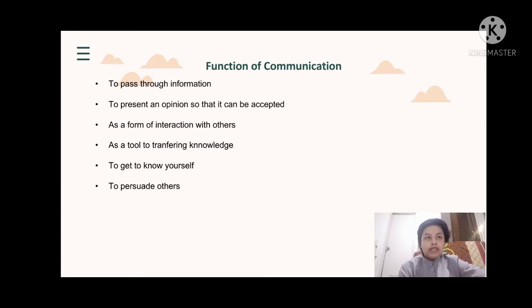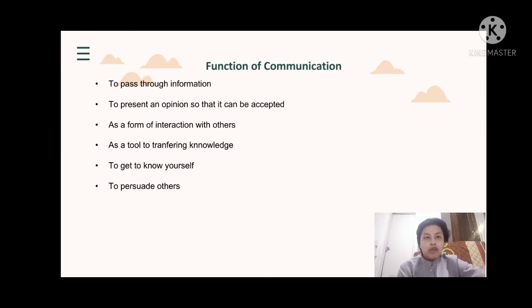Second is the function of communication. There is plenty of function of communication, but I will tell you some of them. First is to pass through information. To pass through information, you need to communicate with your informant. And the second is to present an opinion so that it can be accepted.